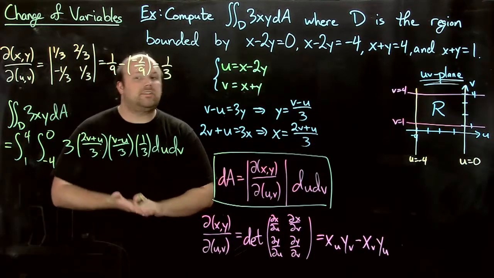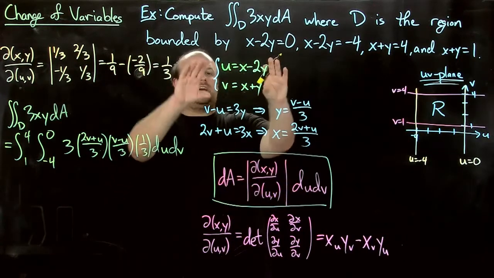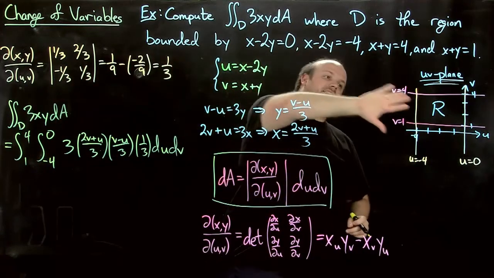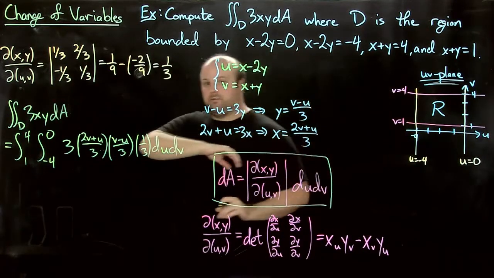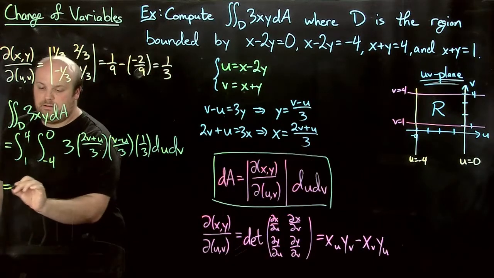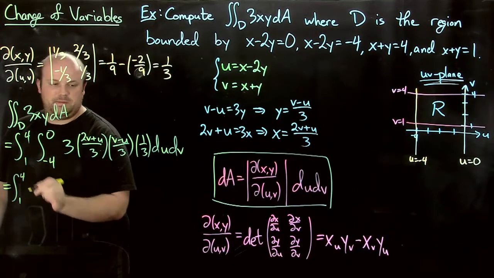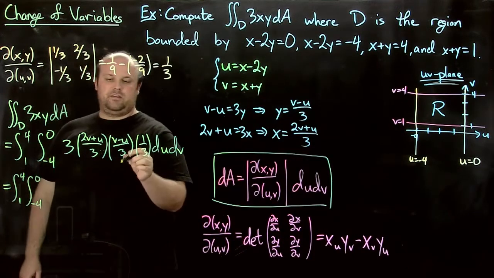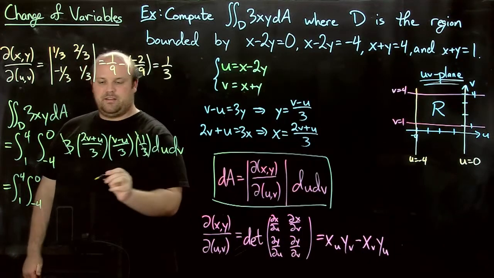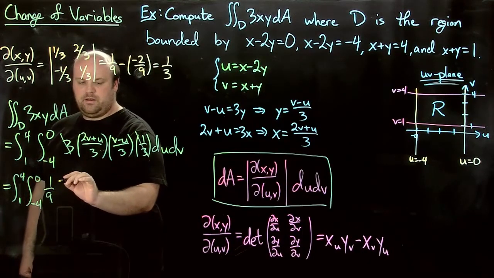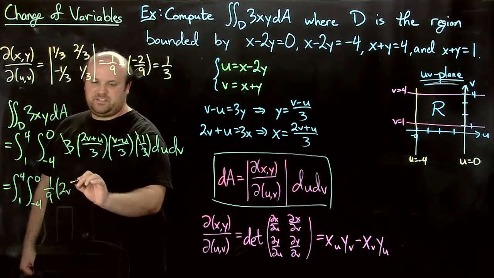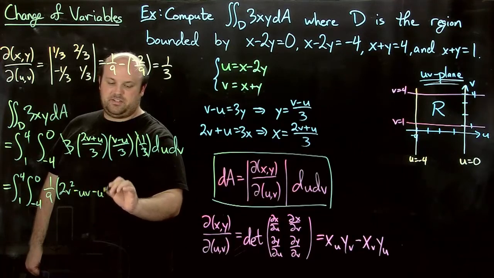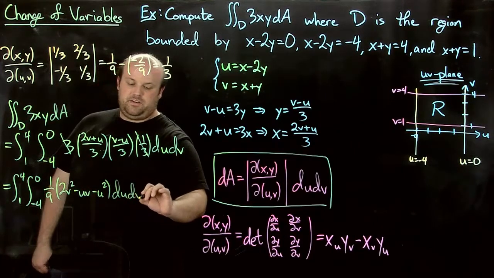Right? So it's always important here that after you've decided on your change of variables, that you take the old region and sketch it into the new region, or change it to the new one. Right? So here, let's just maybe simplify this a little bit. So that cancels with that, so 1/9 of 2v squared minus uv minus u squared du dv.